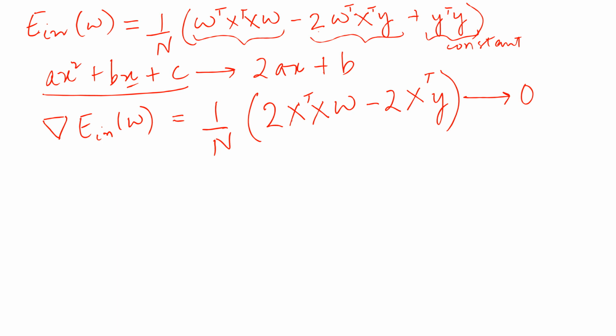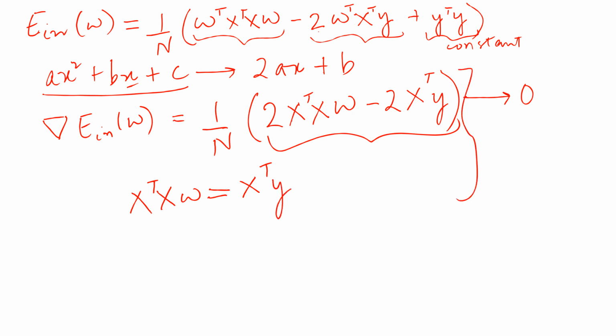And when we set this thing equal to 0, what we get is X transpose X W equals X transpose y. And together these are known as normal equations in linear algebra. Now we are interested in finding the optimal W for this.